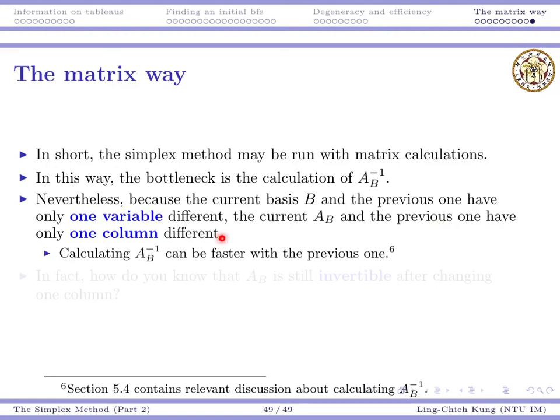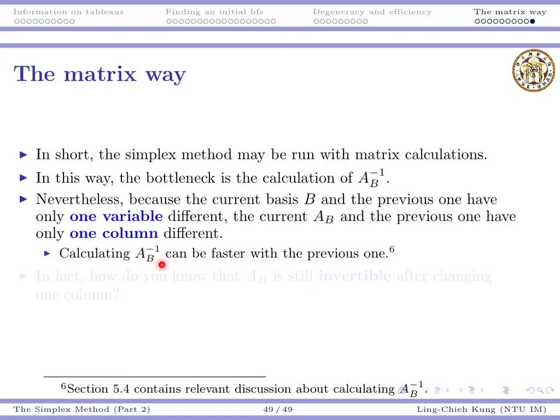So I certainly know the previous AB inverse, and given that, calculating the current AB inverse would be much easier than doing it from scratch. Let me say that again.